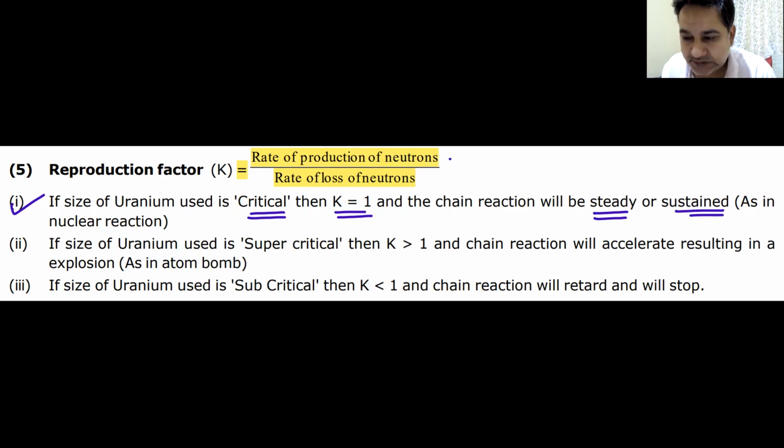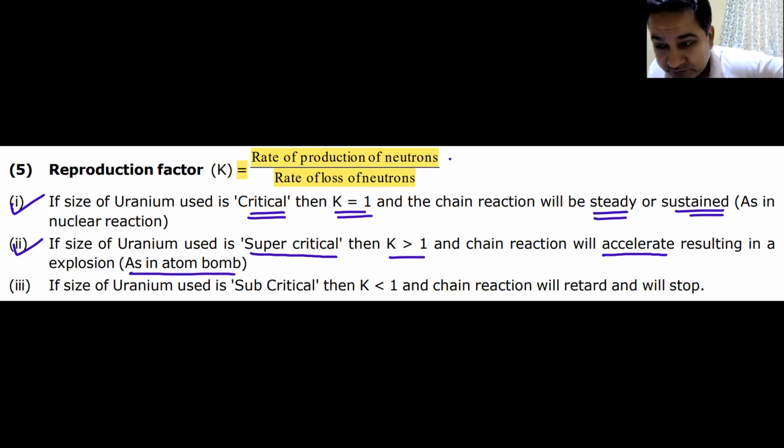Critical size. It should not be more than critical, or an atom bomb will happen. If it is less than critical, the nuclear reaction will not happen. If the size of uranium is supercritical, K will be greater than 1, and the chain reaction will accelerate, and you will have an atom bomb being produced in the nuclear reactor.